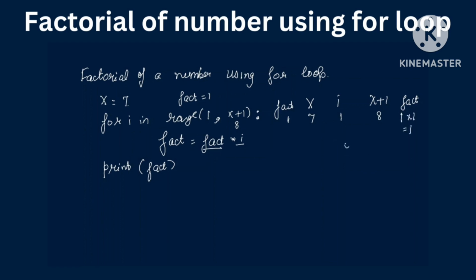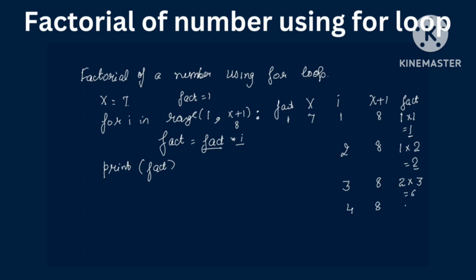Next time x will be 7 only, i will be 2, x plus 1, 8, fact will be 1 into 2, 2. Next iteration, i will be 3, x plus 1 will be 8, fact is equal to 2 multiply 3, 6. So now fact value becomes 6.